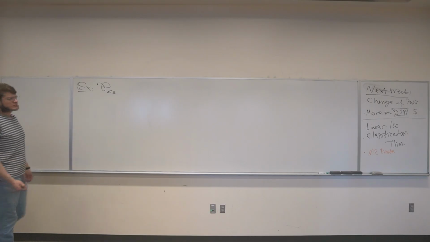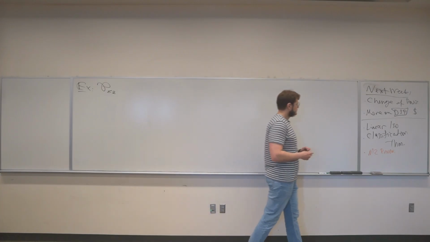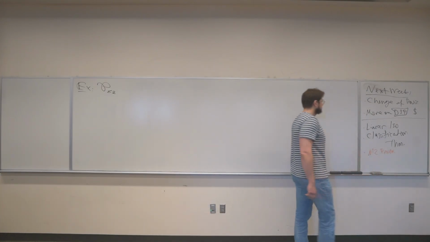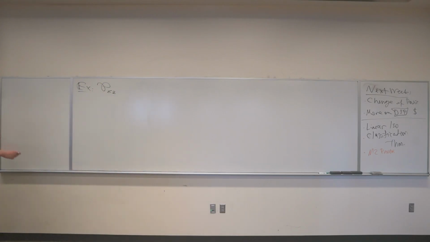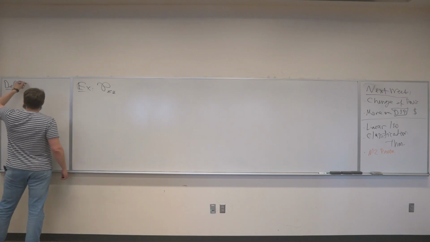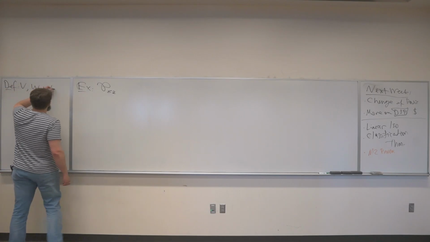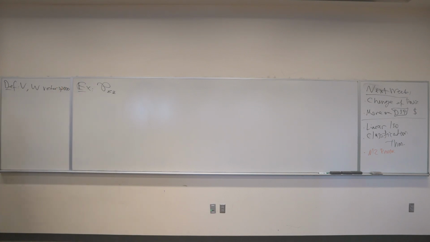So let's first talk about this linear isomorphism. It's a sort of scary sounding word, isomorphism. It means a linear transformation that is invertible. If I have two vector spaces V and W, a linear isomorphism from V to W is a linear transformation that has an inverse.